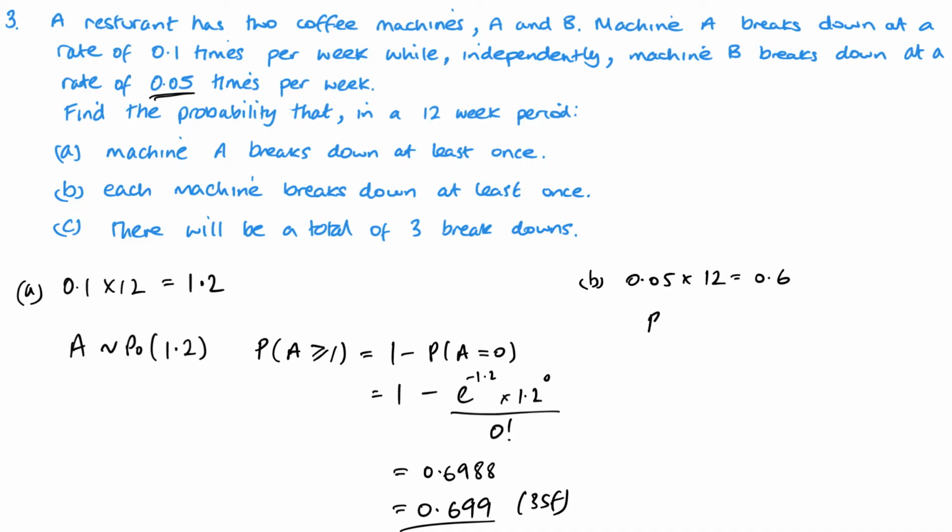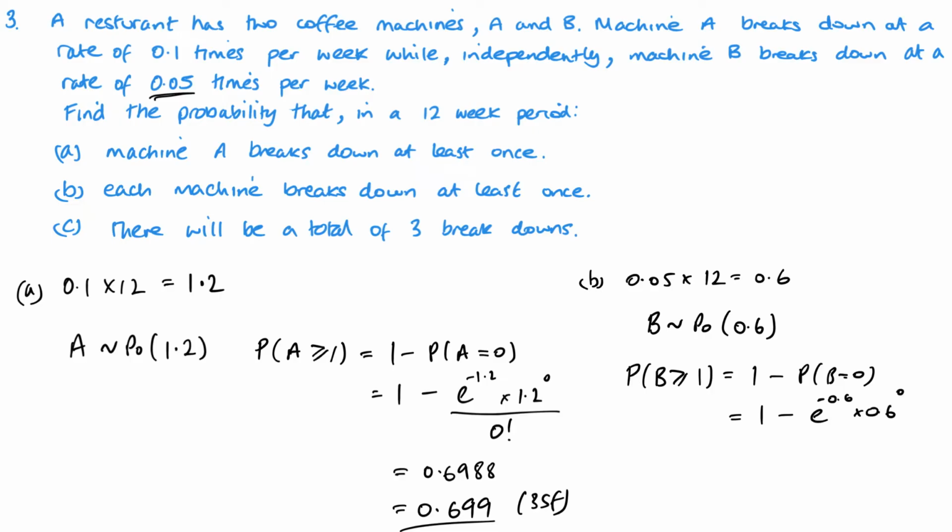So B has a Poisson distribution and lambda is 0.6. And we're looking at the same thing here, at least once, aren't we? So the probability where B is greater than or equal to 1, and that's 1 minus the probability when B equals 0, so 1 minus e to the minus 0.6 times 0.6 to the power 0 over 0 factorial.